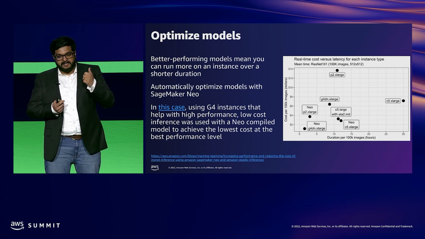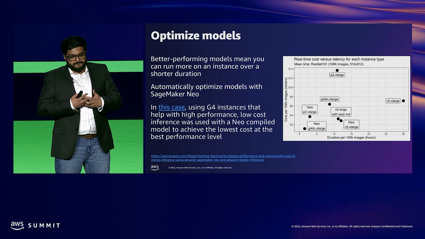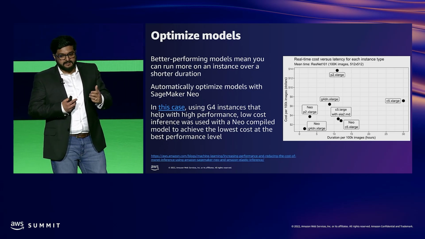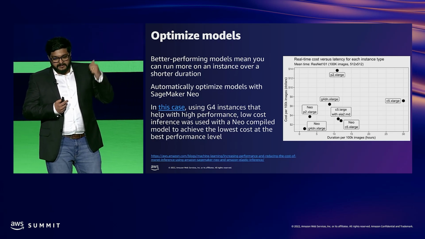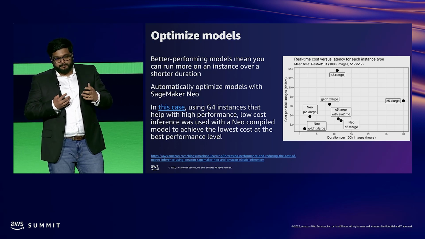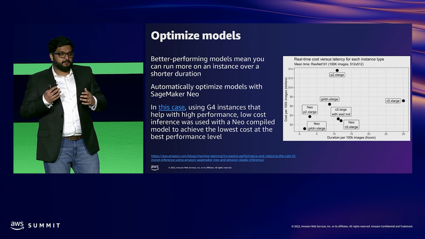And we have a very interesting scenario here. We used SageMaker Neo to optimize a ResNet image classification model. As you can see, with Neo and without Neo, we were able to bring down the inference cost and also optimize the model for better performance.